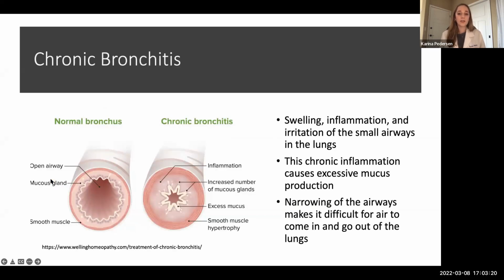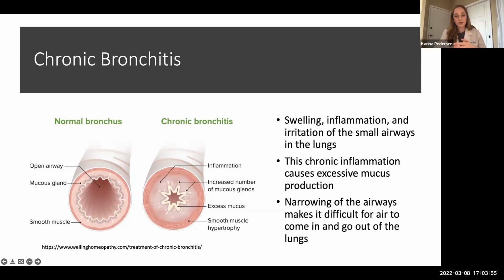So, chronic bronchitis. Chronic bronchitis is swelling, inflammation and irritation of the small airways in the lungs. The narrowing of the airways makes it difficult for air to come in and go out of the lung. As you can see in this right picture, comparing a normal bronchus and a chronic bronchitis, this really thick wall is what is causing the airway narrowing.